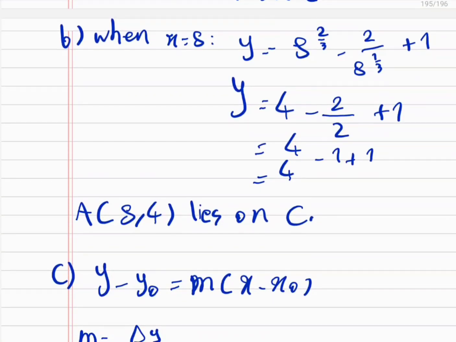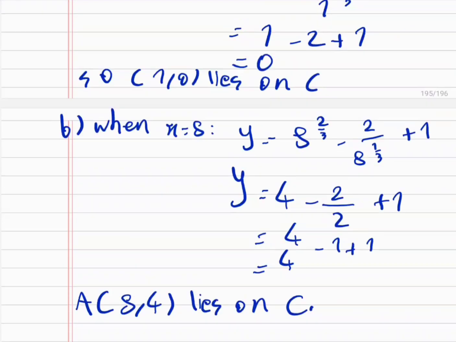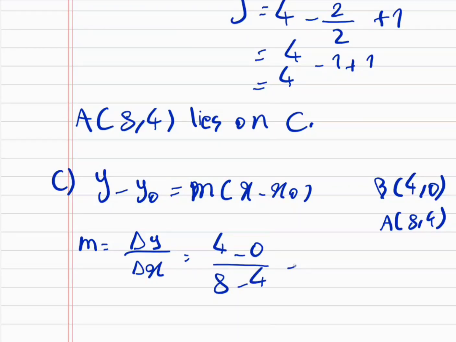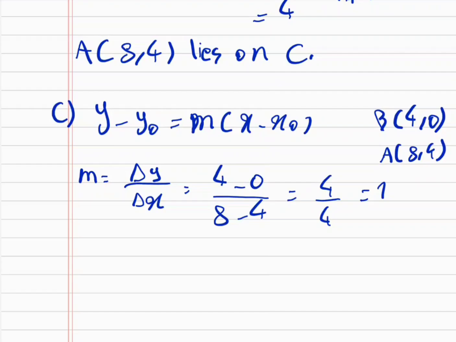So point A has coordinates (8, 4), and point B has coordinates (4, 0). So this is point B and this is point A. To find the gradient, let's start with y. So 4 minus 0 over 8 minus 4, and we simply get 1. So the gradient is 1. Now let's pick the point (4, 0) and substitute that into the formula.